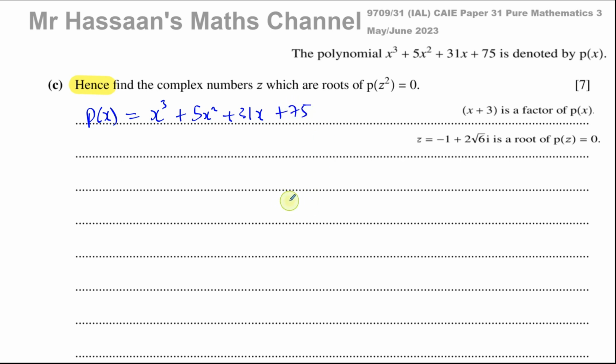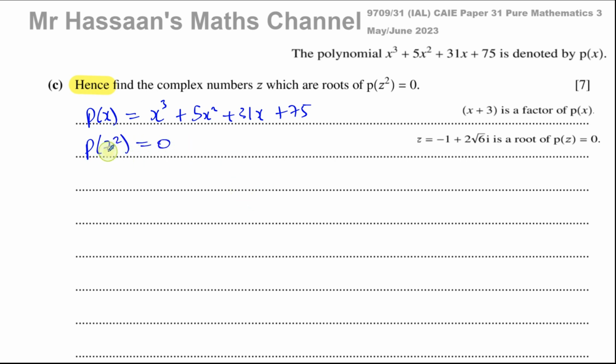And we know that z equals minus 1 plus 2 root 6i is a root of p(z) equals 0. Now we want to use these facts to work out all of the roots of this equation, p(z squared) equals 0.